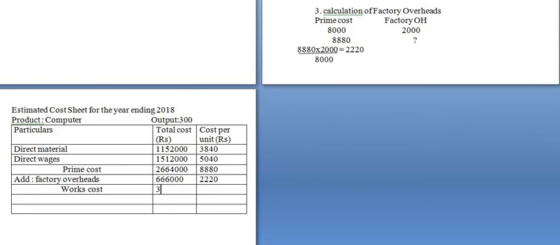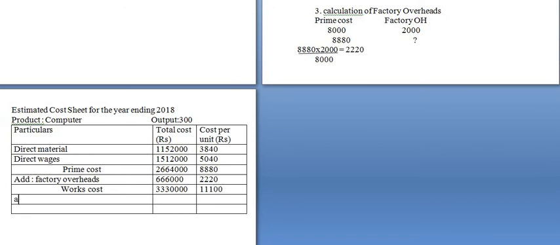Okay. Make a total. 33 lakhs 30,000, and this will be 11,100.